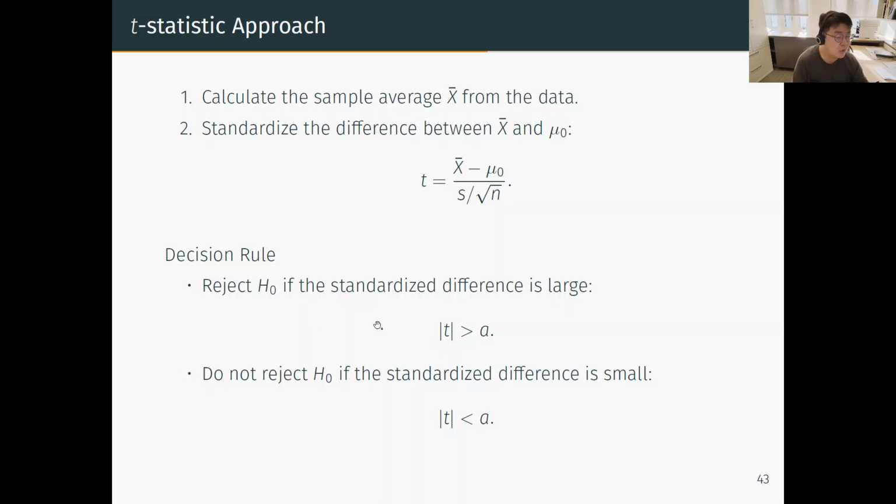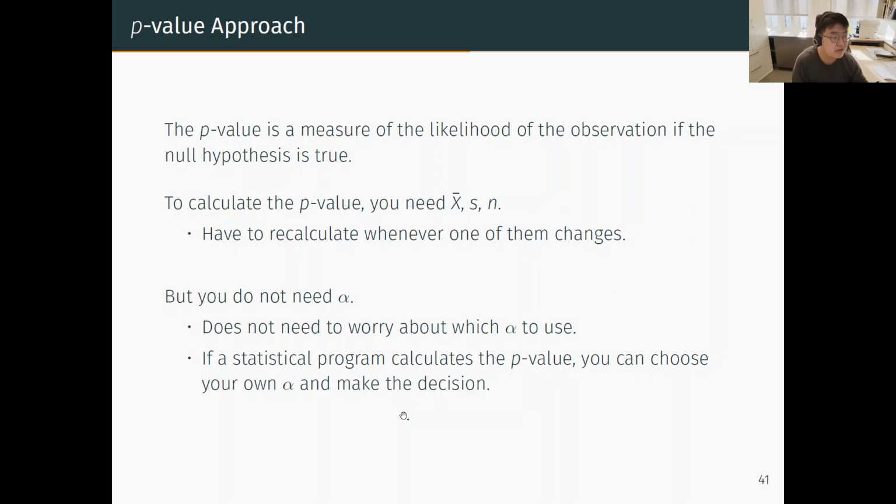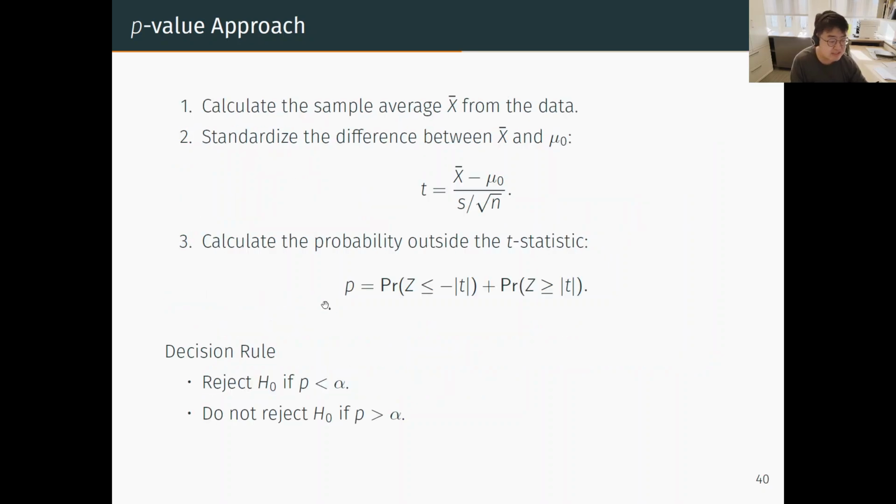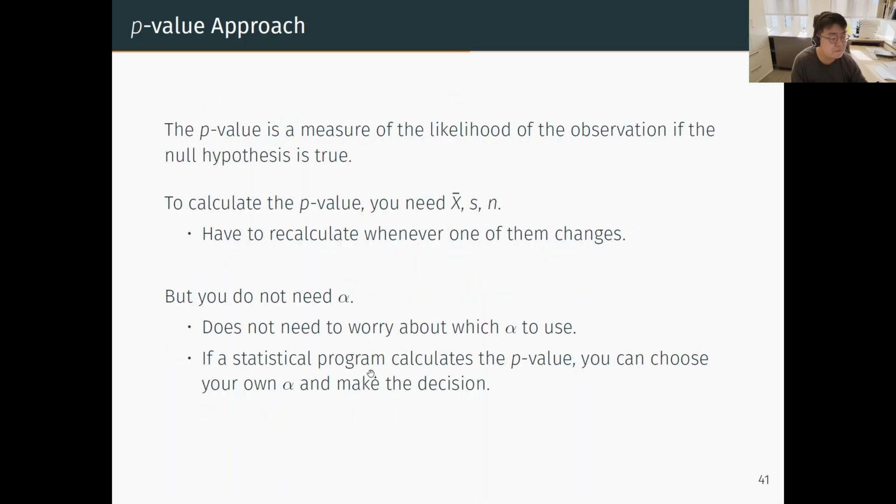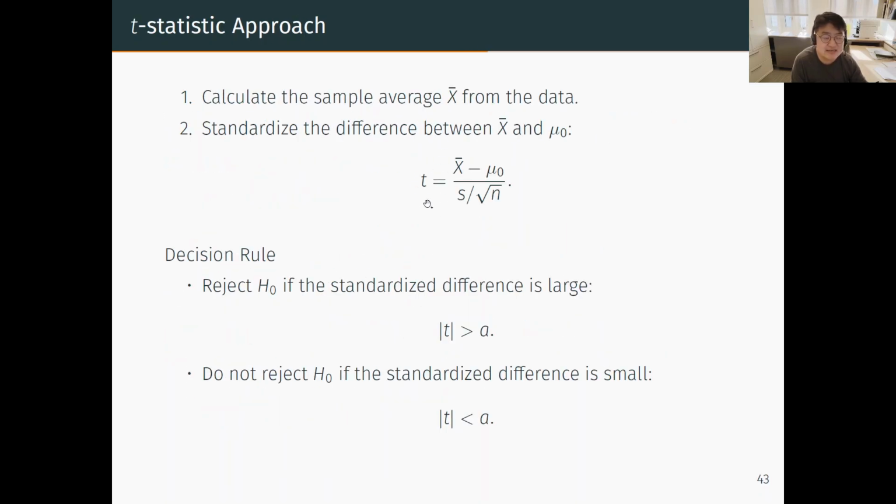But what we want is for these decisions to be consistent with the p-value approach. So instead of comparing the p-value with alpha, I am going to compare the t-statistic with a value A. This value A must depend on alpha.